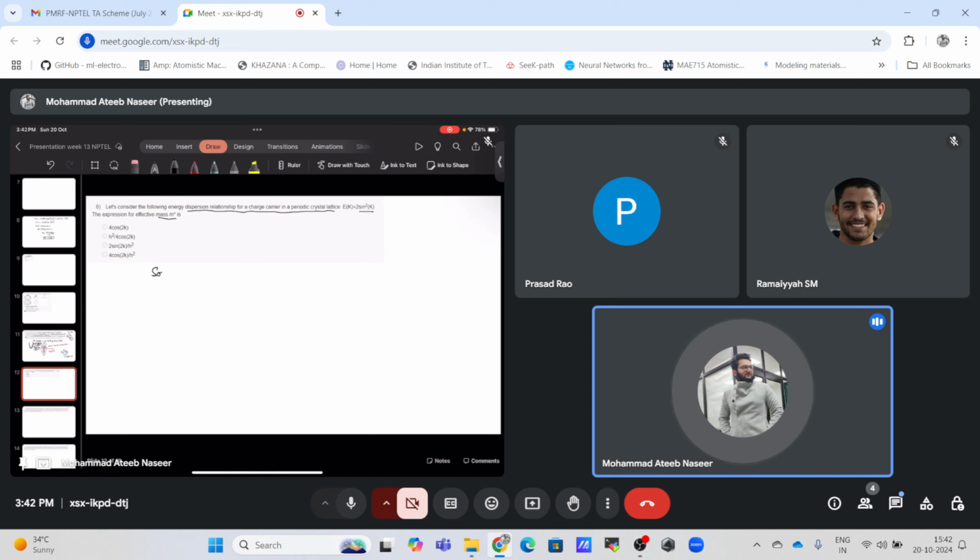The effective mass m star is simply h bar square divided by d square E by dk square. So we have to differentiate this. dE by dk is 2 into 2 sin k times cos k, which is 2 times sin 2k.